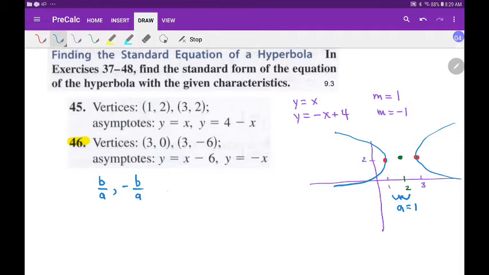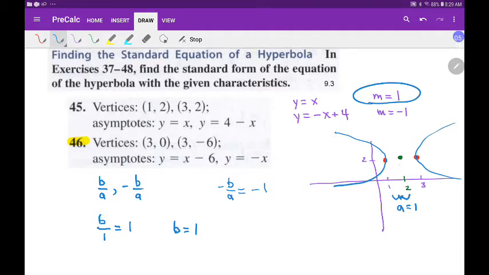So if a is 1, if b over 1 is equal to 1, because my slope is 1 up here, then I'm pretty sure that b is 1. What else could it be, right? It has to be 1. And yeah, if negative b over a is equal to minus 1, same thing. B is equal to 1.